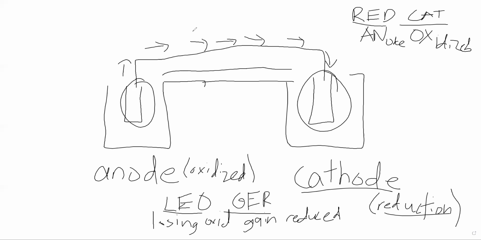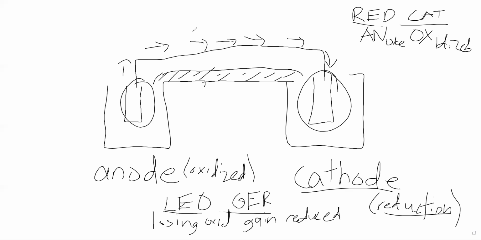Okay, I'll draw my best interpretation of a salt bridge. So you have a metal here. Let's say, what's something that gets oxidized? I can't think of something offhand right now.